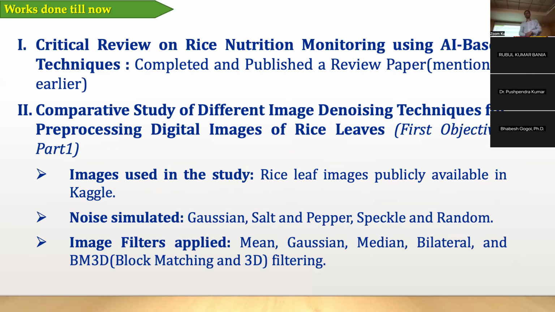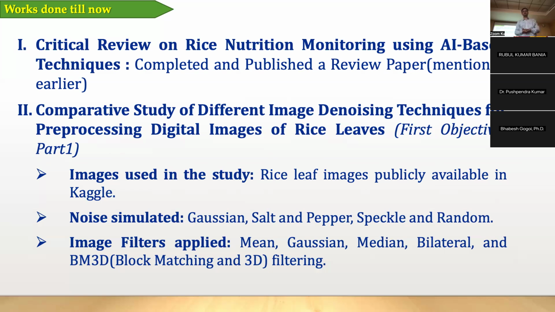For all this, we will use computer vision, and we have conducted a few pieces of research work. First, we have already successfully completed a critical review on nutrition monitoring using AI-based techniques, and published the findings in a review paper, which I already mentioned. Second, we have conducted a comparative study of different image denoising techniques for pre-processing digital images of rice leaves.